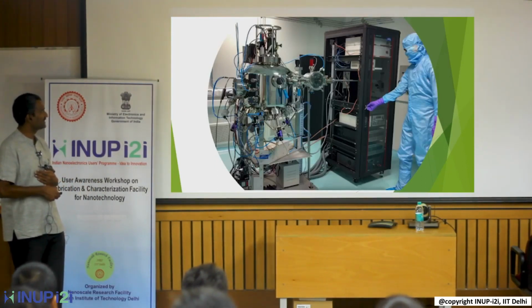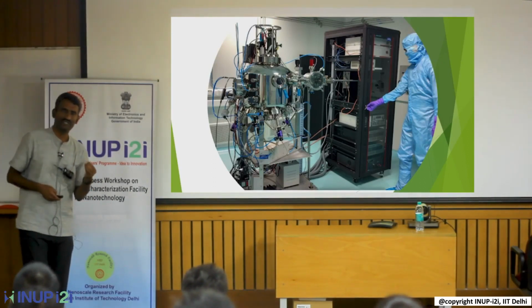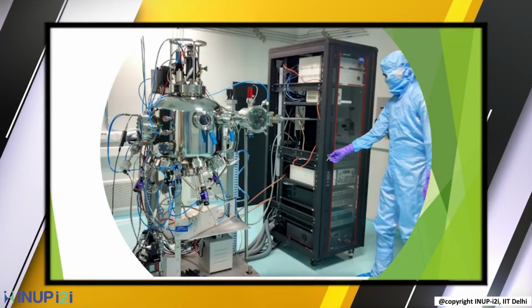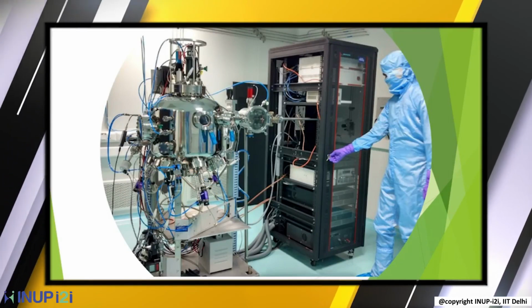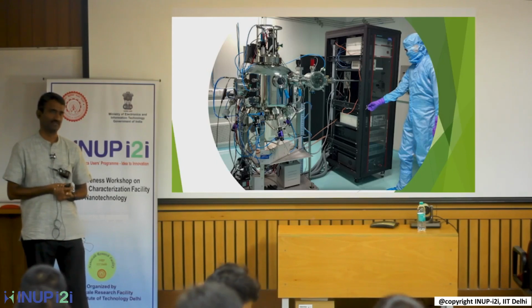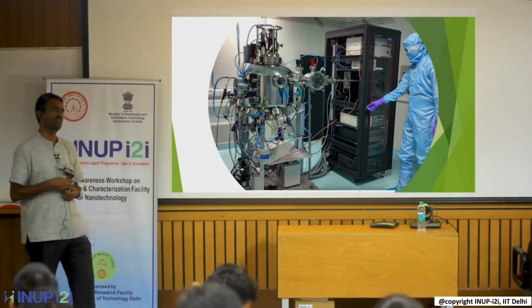You can see this is a magnetron gun, and on the other side you can see another. One by one you can power them and do the deposition, so you can deposit multi-layers. Particularly, you can also mix and make a compound system, for example if you want to deposit compound semiconductors.